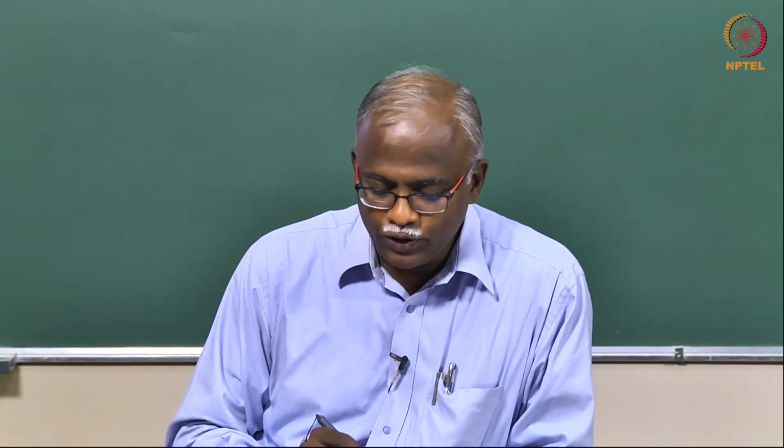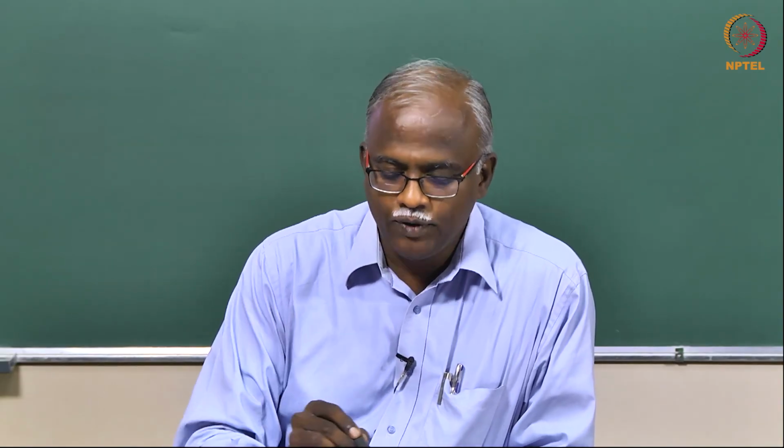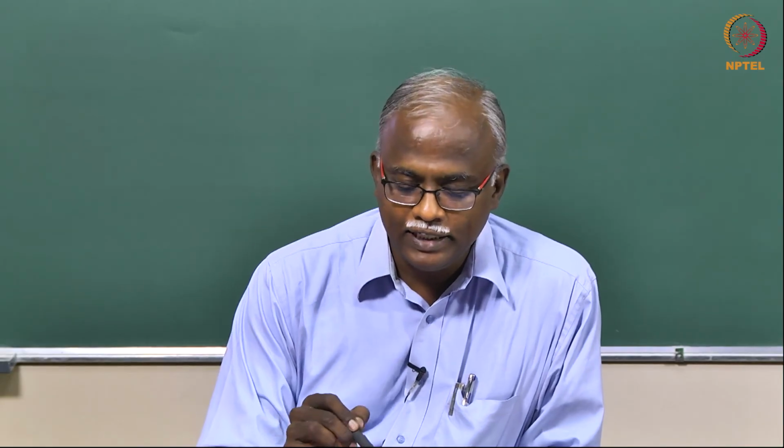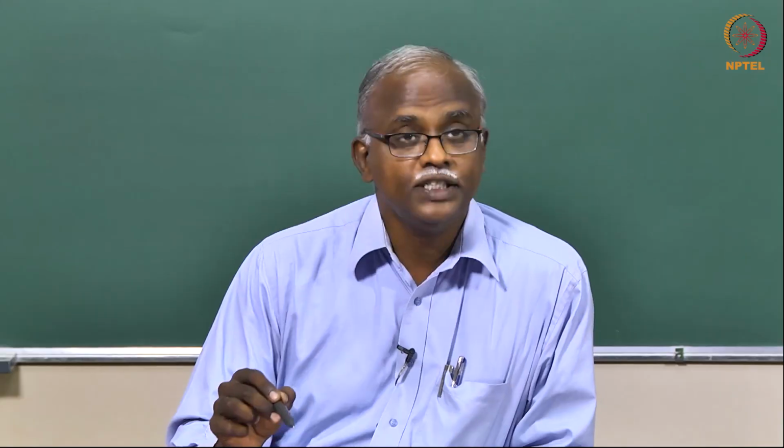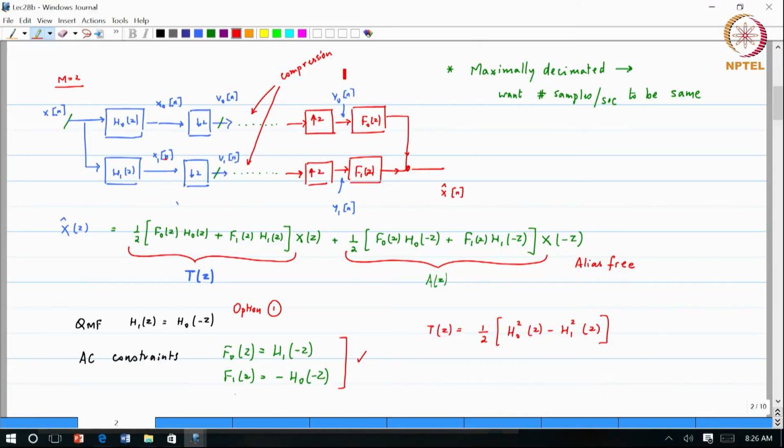So, basically, we now have a way of designing the analysis filters and the synthesis filters from one single filter. Which one is it? It will be a half band filter, which you will design with the appropriate attenuation and scaling, then take its spectral factorization, and that will become H naught.